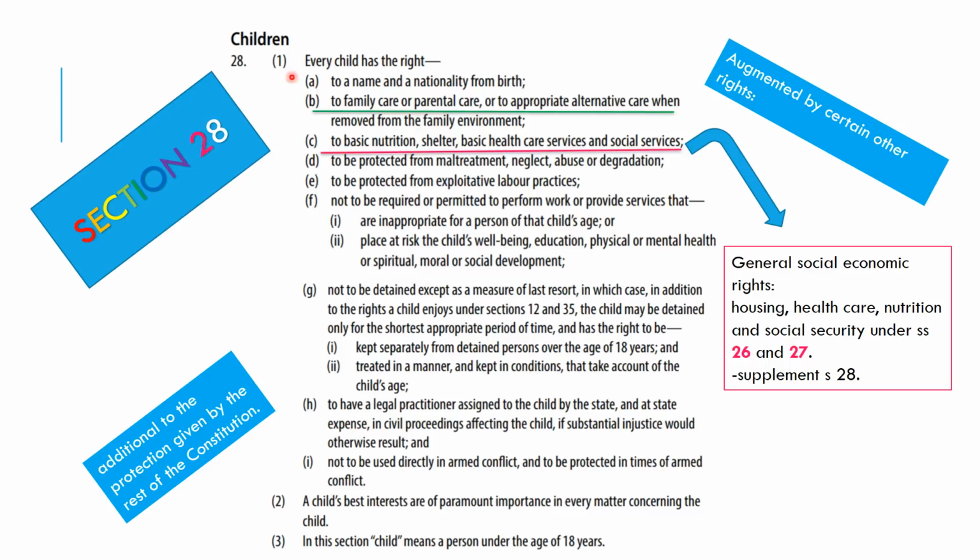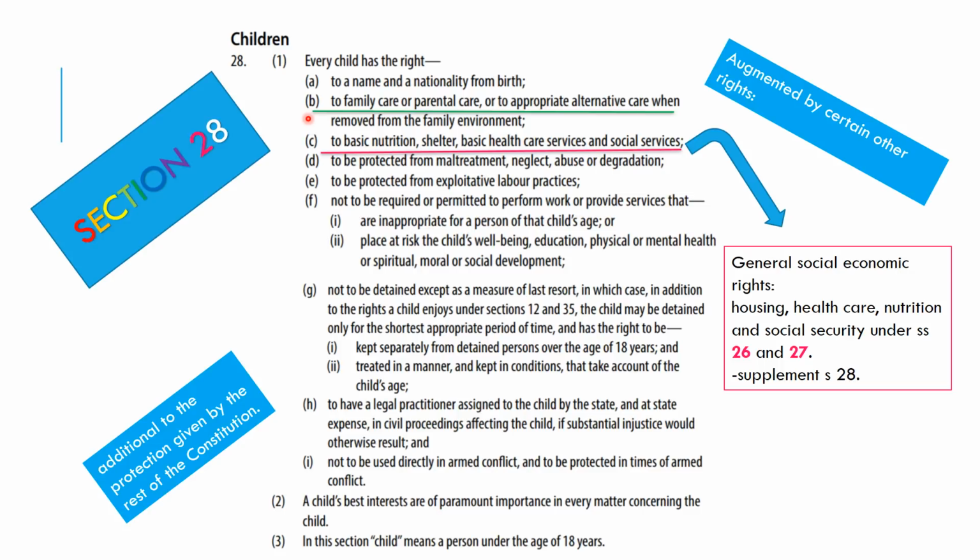If you look at Section 28B, it says that every child has the right to family care, parental care, or appropriate alternative care. Now, if we read Section 28C, it places a duty on the state to ensure that a child is provided with these basic requirements in Section 28C, but also for the state to then support the family of the child with the means to meet these requirements.